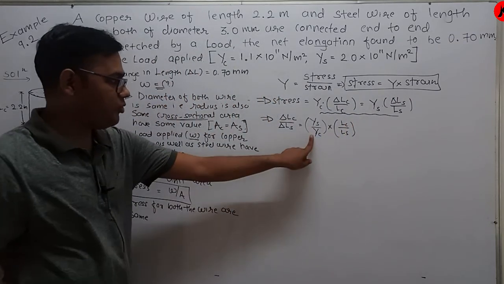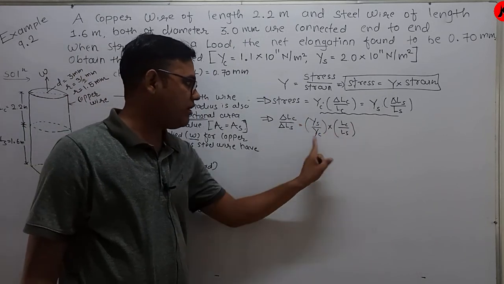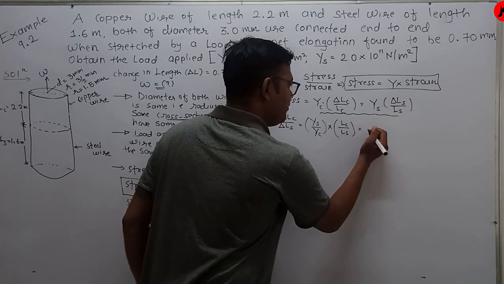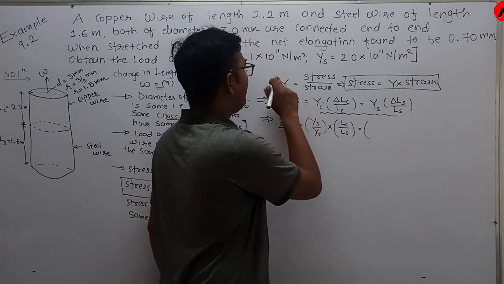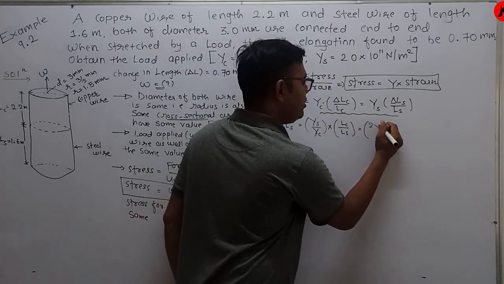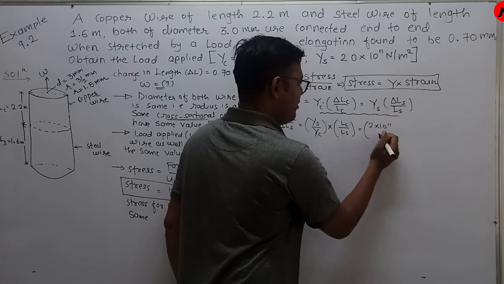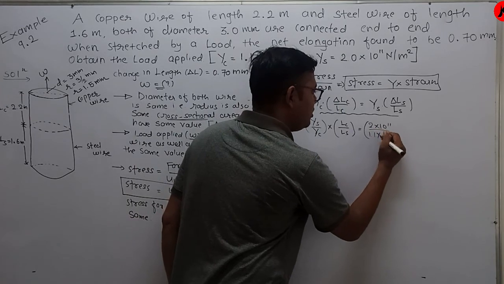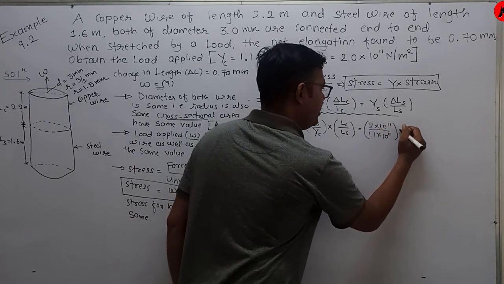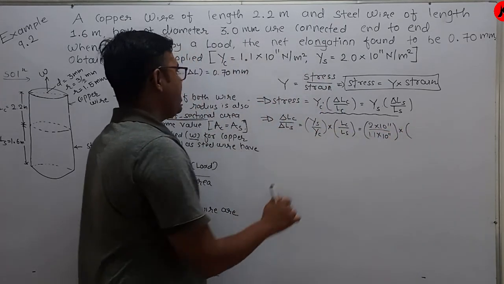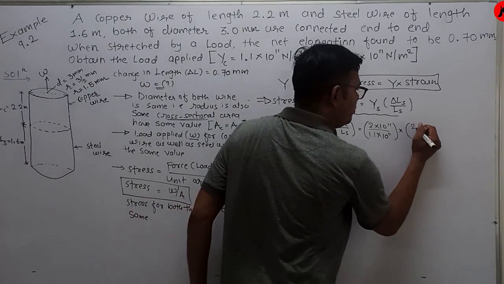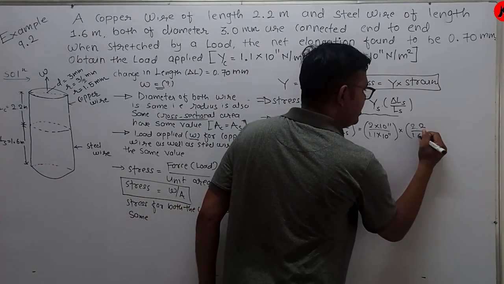So we have this important relation in which we have all the values YS, YC, LS and LC. So put all the values. YS is given as 2 into 10 raised to 11 divided by YC, which is 1.1 into 10 raised to 11, into LC, which is given as 2.2, and LS is given as 1.6. 2.2 by 1.6.